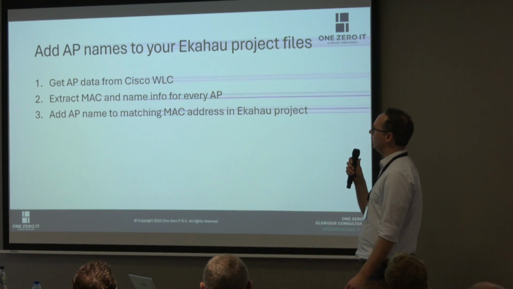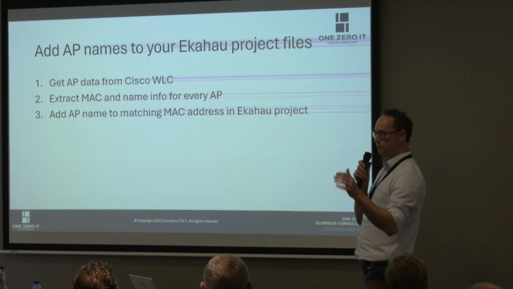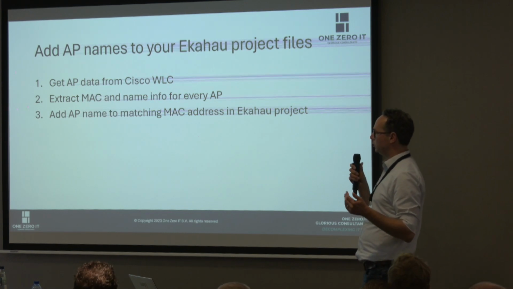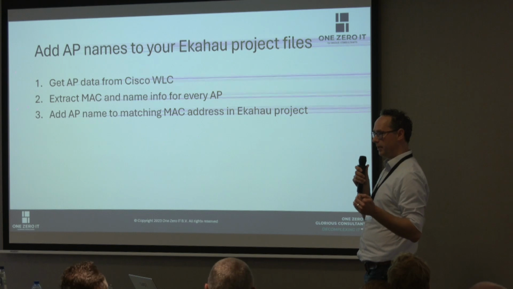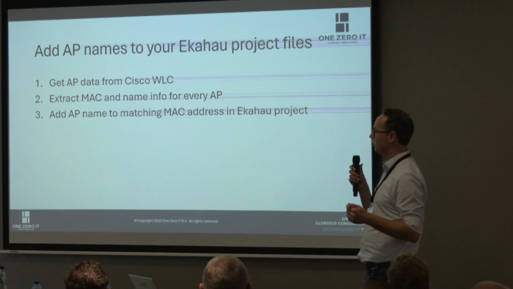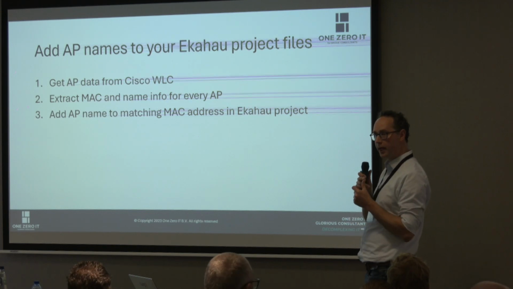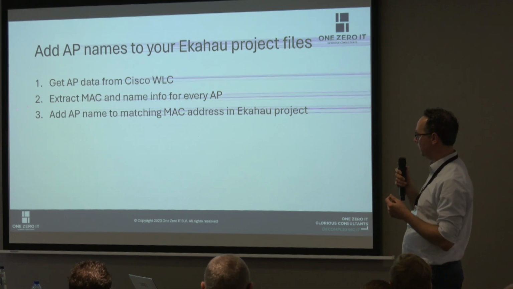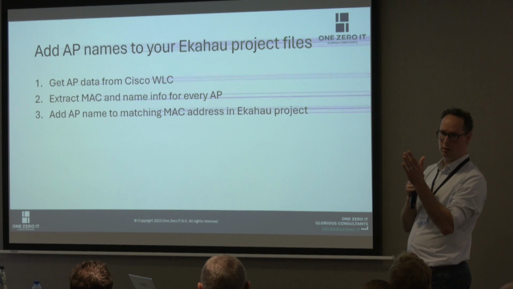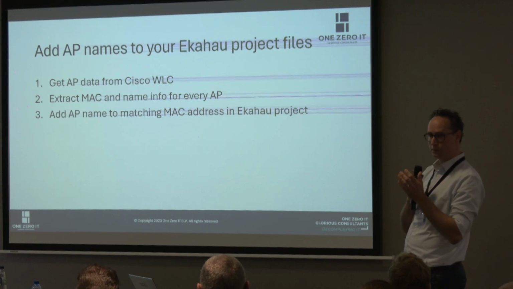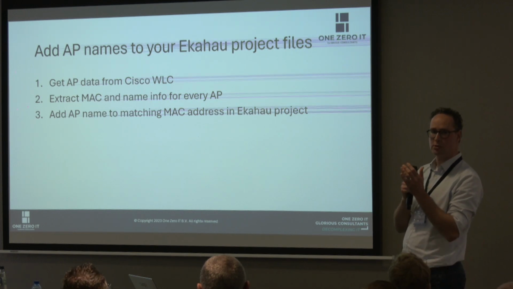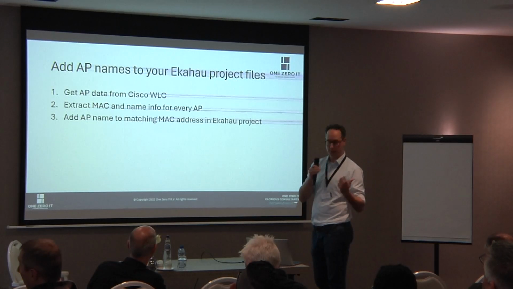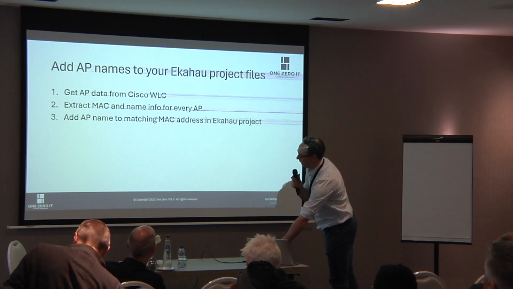So he wants to get the full name of the AP in the Ekahau file. So he gets all the AP data from the WLC. He extracts the MAC and AP name info for every AP, and then does a match in his Ekahau file of this MAC address corresponding to this AP name. Change the AP name and update the Ekahau file.